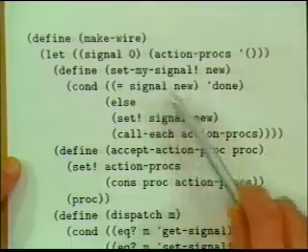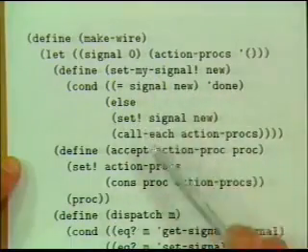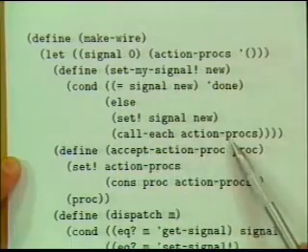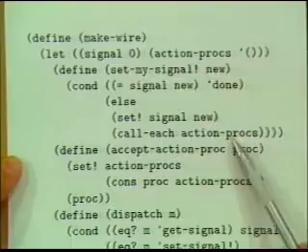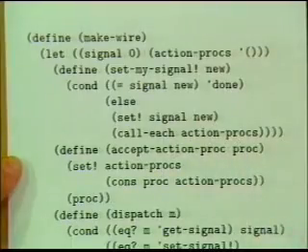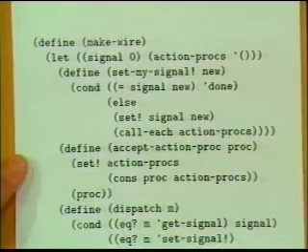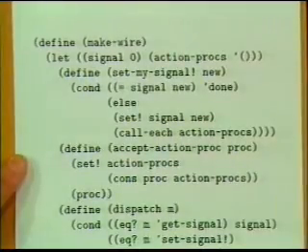If that's equal to my current value of my signal, I'm done. Otherwise, I set the signal to the new value and call each of the action procedures that I've been, what's the right word, that I've been introduced to. I get introduced when the AND gate was applied to me by add action procedure at the bottom.